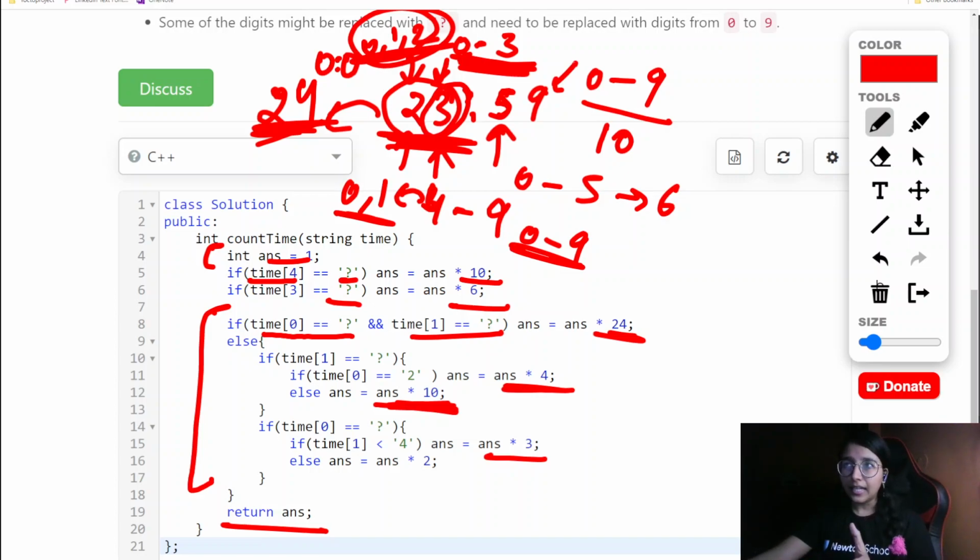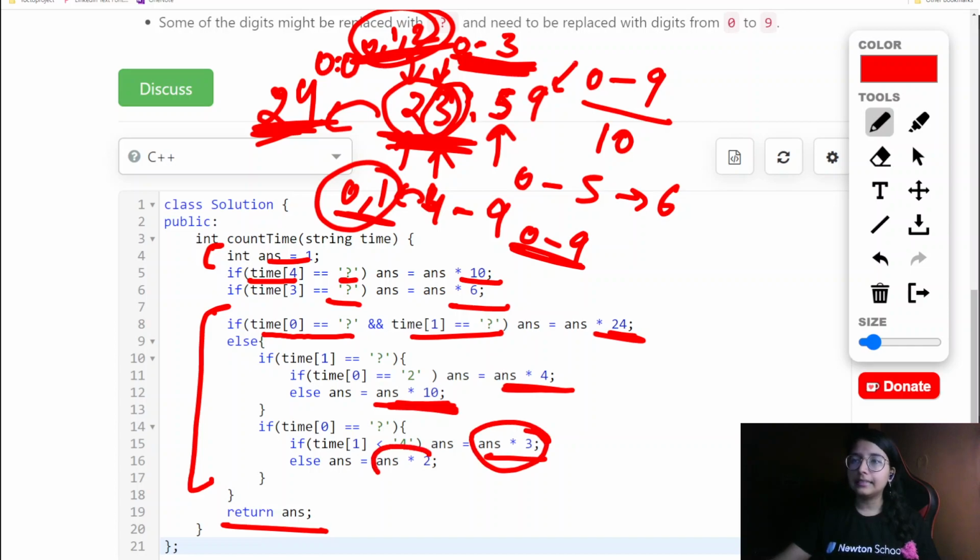But if time of 1 becomes greater than or equal to 4, then we have only these two options. So in that context only, I'm doing these two things here, the thing which I had explained earlier. So according to that only, our answer will vary and the multiplication with the answer will vary.